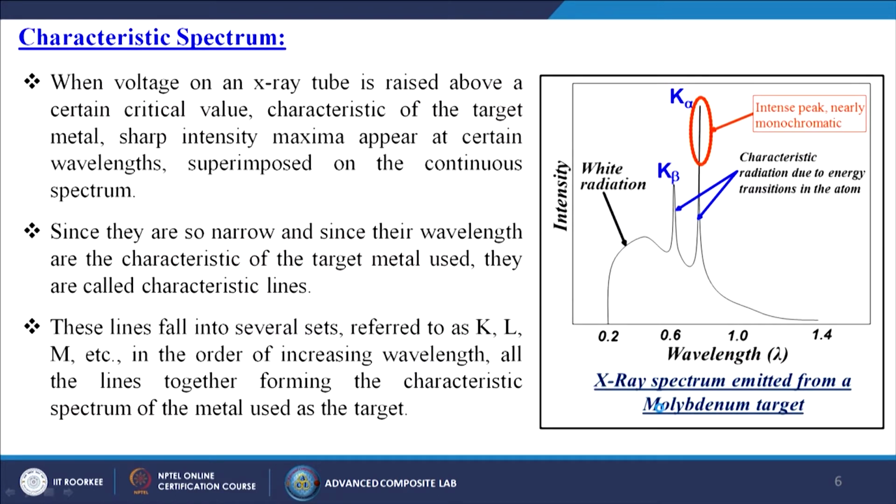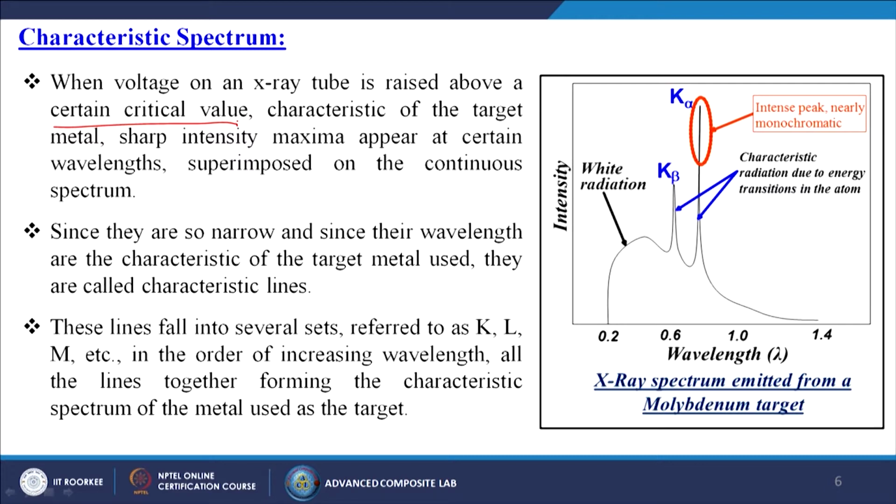Now, we will discuss the characteristic spectrum. What do we mean by the characteristic spectrum? When the voltage on an X-ray tube is raised above a certain critical value, characteristic of the target metal, sharp intensity maxima appear at certain wavelengths superimposed on the continuous spectrum.